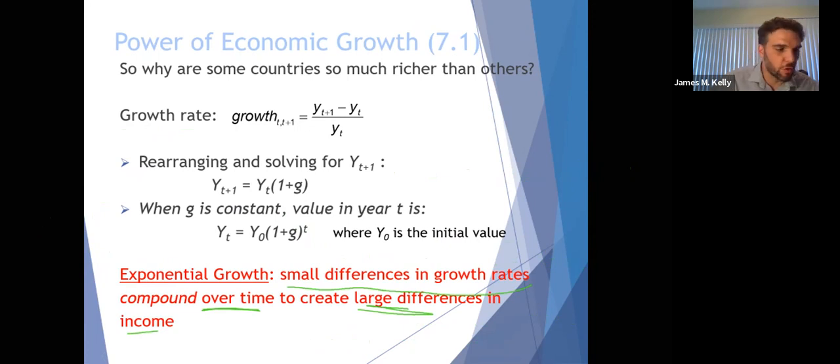So earlier growth leads to future growth. It's kind of like compound interest. If you have a savings account, you save your money, that interest compounds over time. You're making interest on top of previous interest. Well, the same thing happens with economic growth, where we can see exponential growth, and it's literally in this exponent t in this formula here.